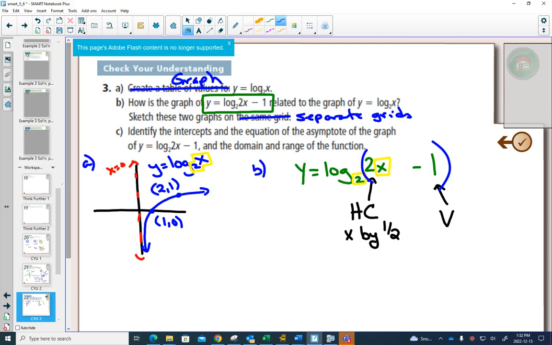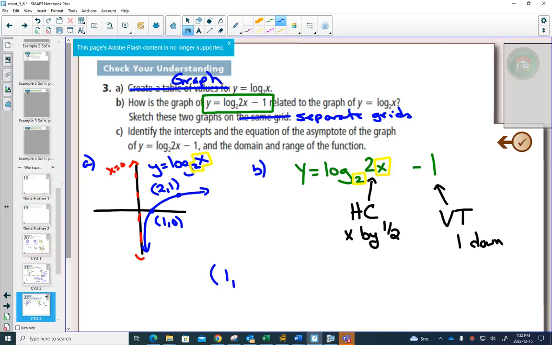But those brackets aren't there. So we have a vertical translation. This would go 1 down. And we are going to graph our logs just like we did everything else in our transformations unit.